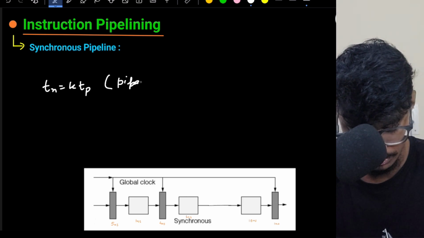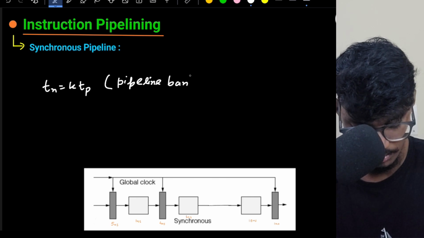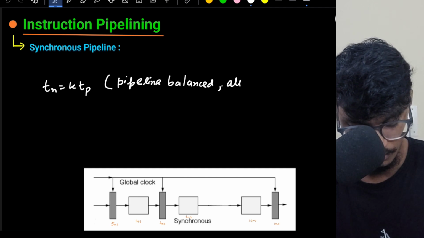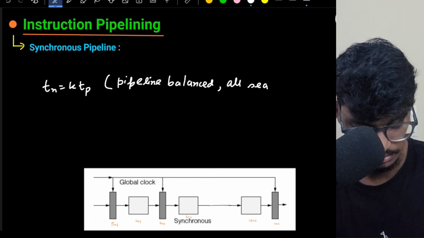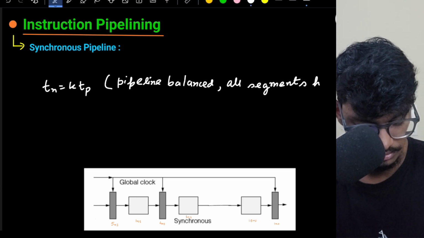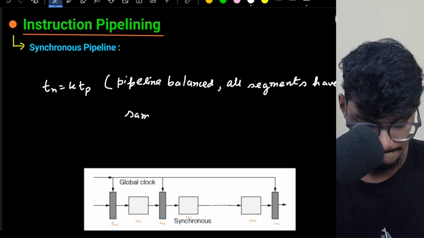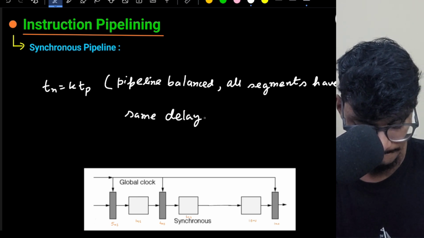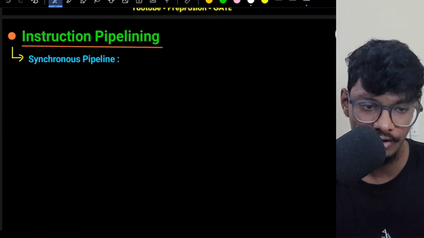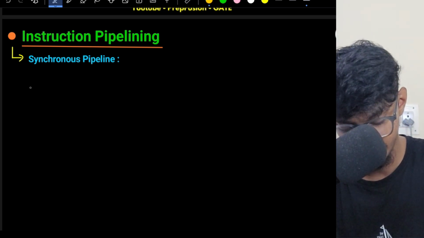Pipeline balanced: all segments have the same delay. And just one more piece of information: if you are using a pipeline system with registers but the register delay hasn't been given, what will you assume?